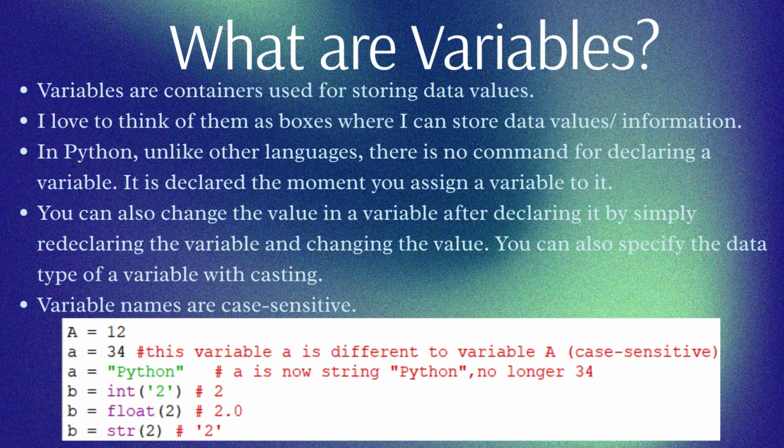rules for that later. Now, we could have another variable called b, and I could want an integer 2. And I could change a string with 2 in it into an integer 2 so that I can use it for calculations.